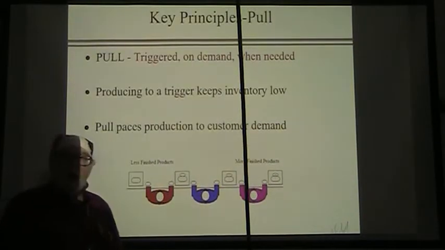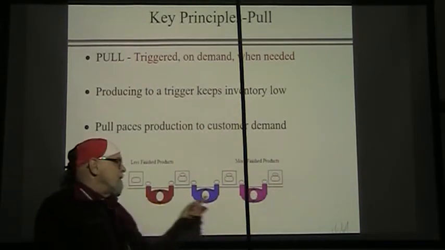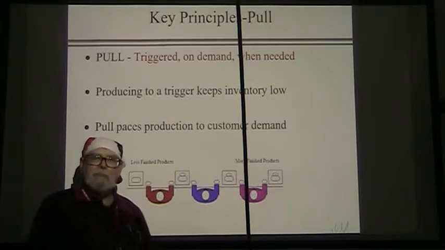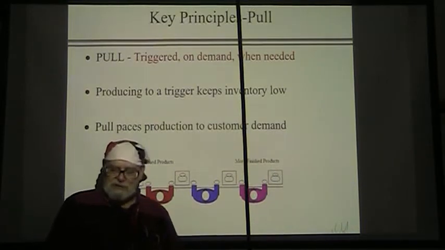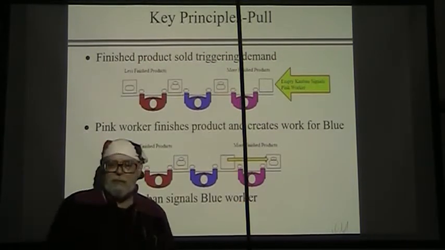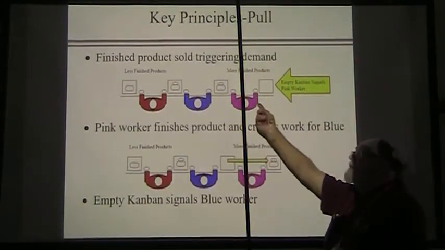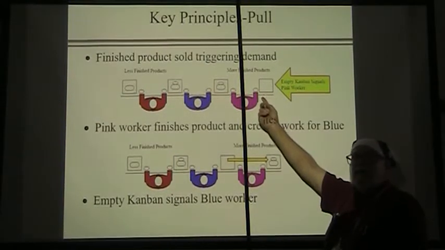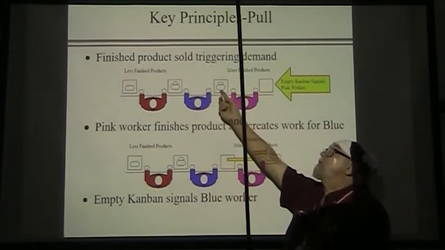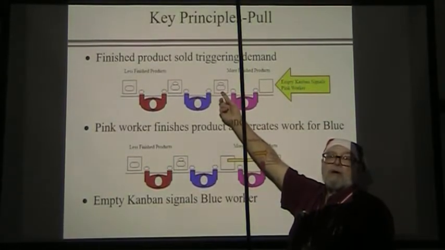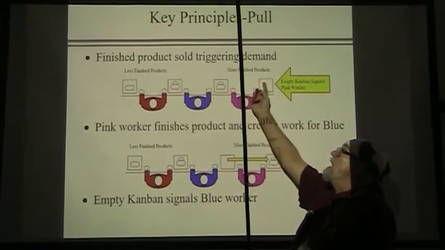So here is a theoretical production line where these guys are making snowmen. I needed something very simple to put together. When a customer buys a finished snowman, that becomes a signal to this pink worker to grab the partially finished product, the work in process, to finish it and move it over here.